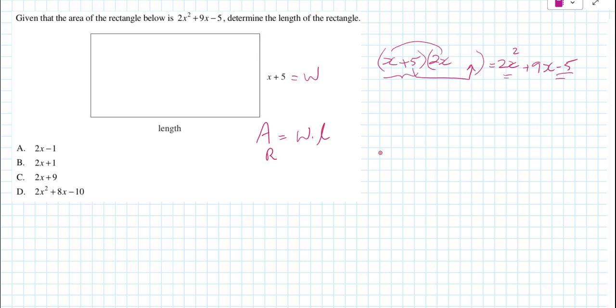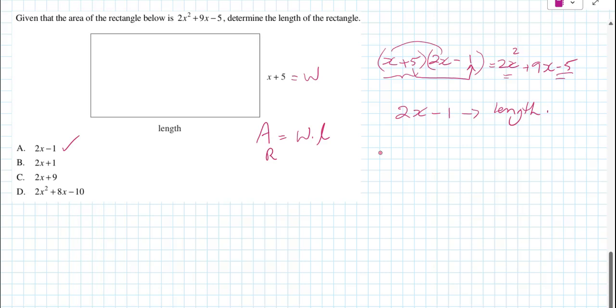And that's just minus 1. There's no other option to do that. So when you do the math and expand it, you'll end up getting 2x squared plus 9x minus 5. All right, so 2x minus 1 is the length. A is the answer for that.